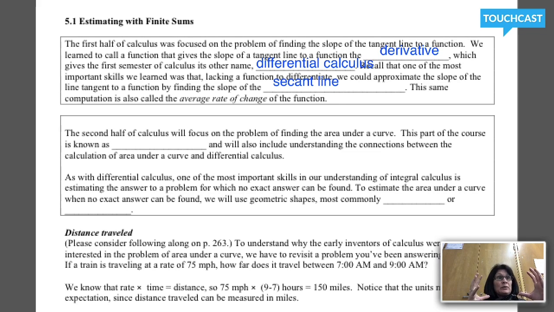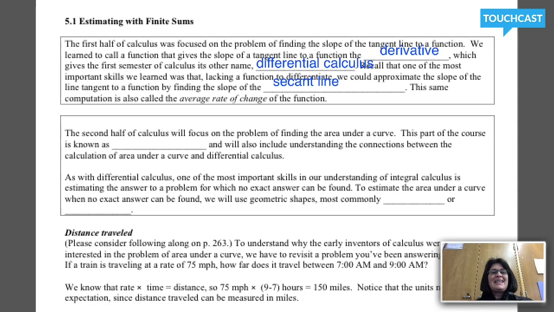So not only was it really important for us to learn how to take derivatives, it was important for us to learn how to approximate taking a derivative when we don't have enough information available. Just to finish that line there, computing the slope of the secant line, that's the same as average rate of change. So f of b minus f of a over b minus a, change in y divided by change in x.